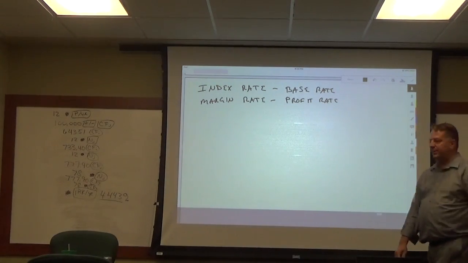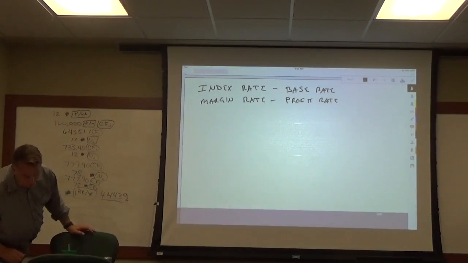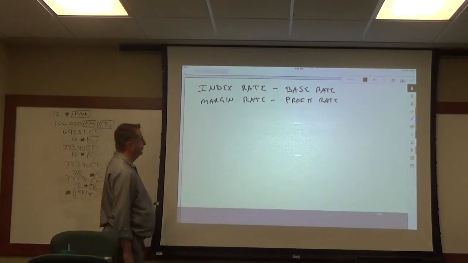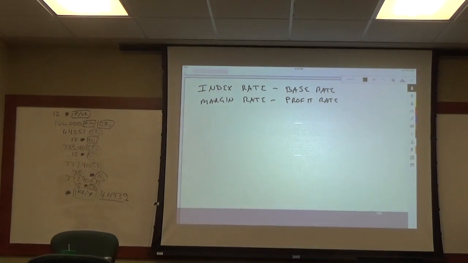If you turn specifically to page 126, on this page, it will go through and give you a variety of additional verbiage as it relates to the index rate, margin rate, and a handful of other terms as it relates to adjustable rate mortgages. But let me try to give you a simple explanation for each of these.